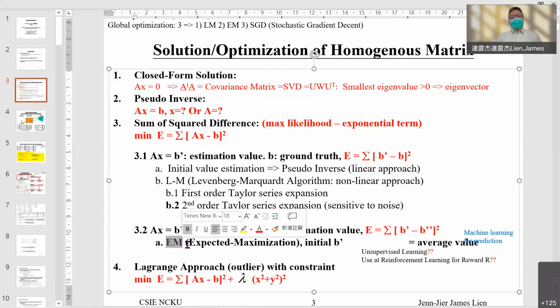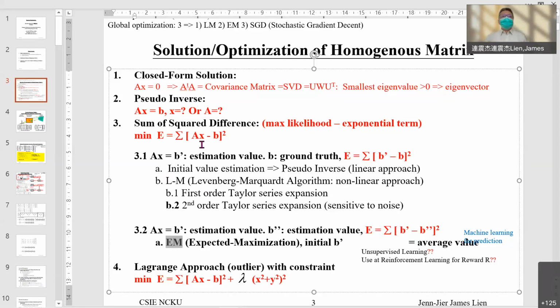In machine learning, when solving this kind of quadratic problem, the method is better than in deep learning. So why doesn't deep learning use this method? The difference is that in machine learning, our data is not big data.